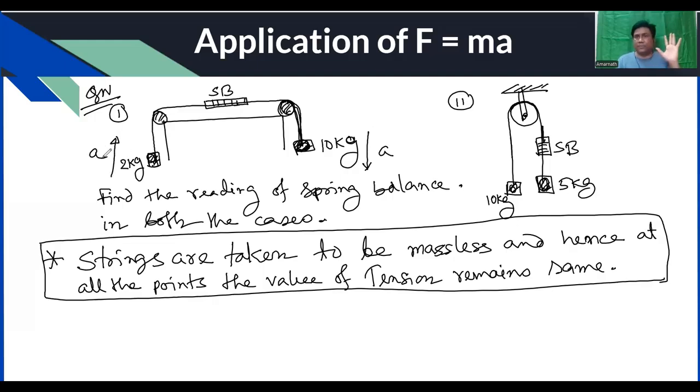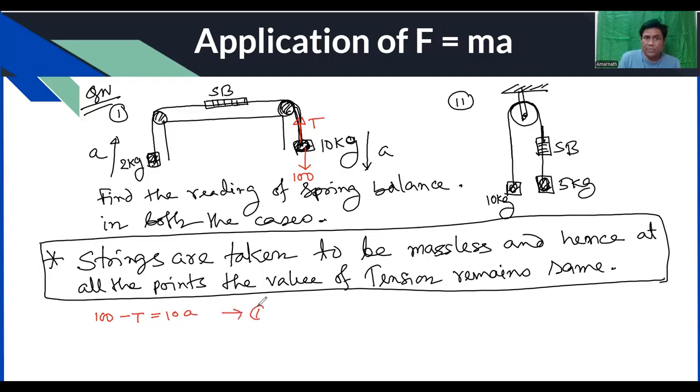If you draw the free body diagram of the 10 kg, here it will be 100 Newton downward, and the thread will pull it up with tension T. 100 Newton is bigger, so 100 minus T equals mass into acceleration.